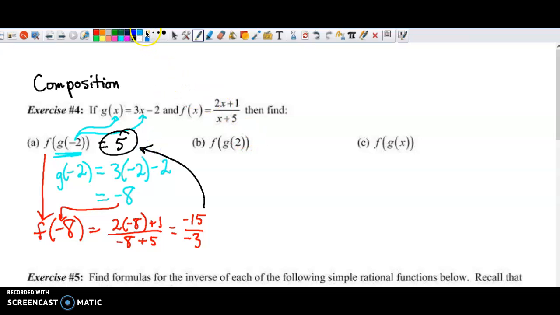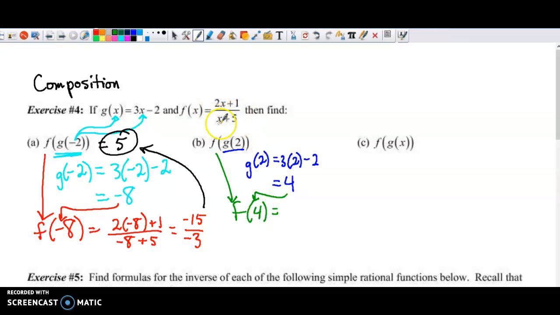If you do the next one, though, let me use just a different color. Again, you're doing g of 2 first. So let's do that. G of 2, 3 times 2 minus 2. So 6 minus 2 is 4. But then, just to get a different color, we're doing f of 4 now.